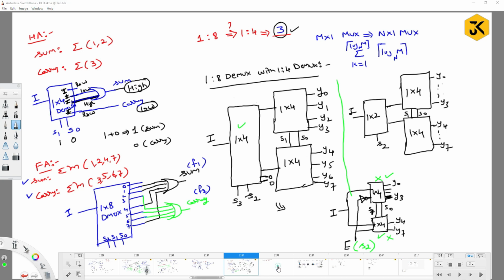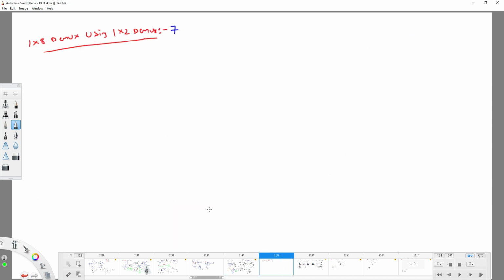Okay, fine. So we are at how to construct 1/8 DeMUX using 1/2 demultiplexers, right? So you require a total of 7. Basically if you would like to have 8 outputs, you need 4 1/2 demultiplexers.